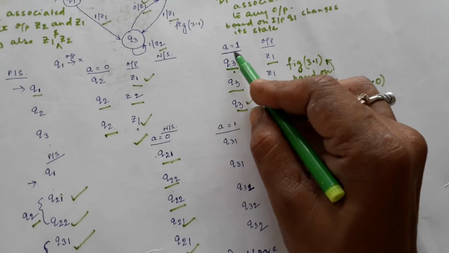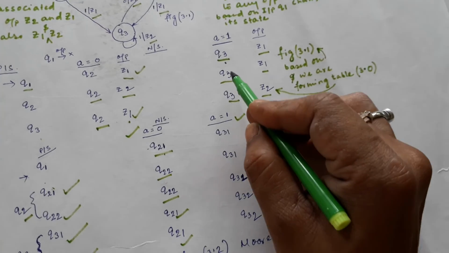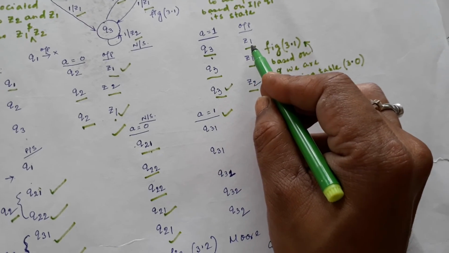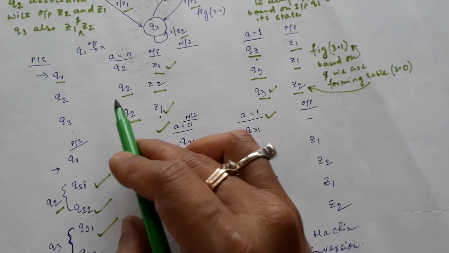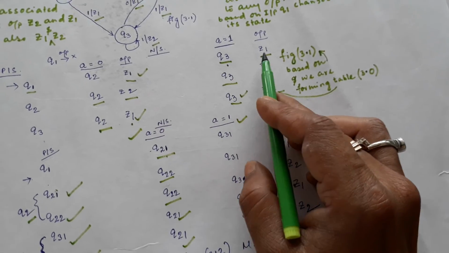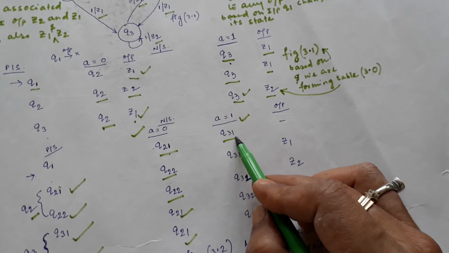On the other hand, when the input a equals 1, in this case the output is z1. As the output is z1, we can form q31 over here.